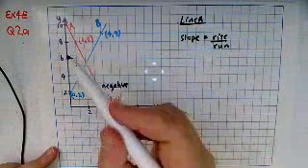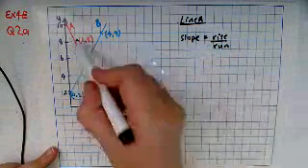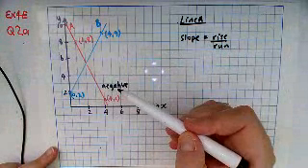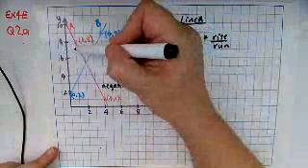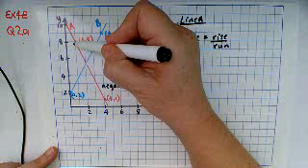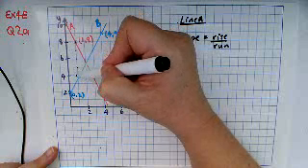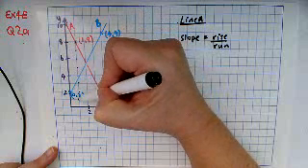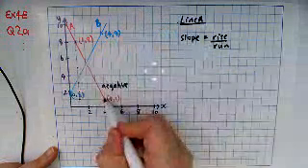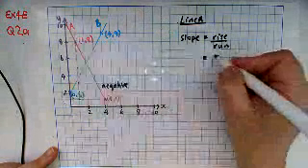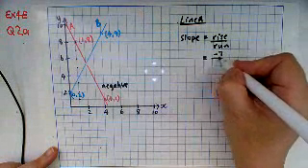So if we take the 2 points that we've got, and we're looking at rise over run, we're actually going down from this point here, 1, 2, 3, 4, 5, 6, 7, because I want to get to this point. So my rise is actually negative, so it's negative 7.